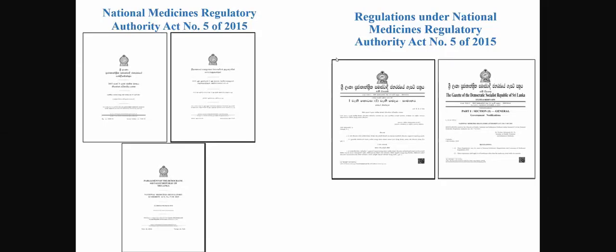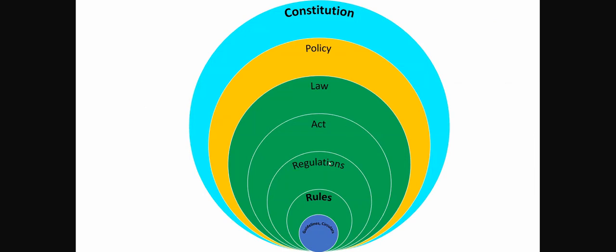These are the important things we have, right? So we have the National Medicines Regulatory Authority Act, number 1, Act number 5, and this is the regulation, right? So this is a different act, this is the regulation, right? And so we have Constitution, Policy, Law, Act, Regulation, Rules, right?